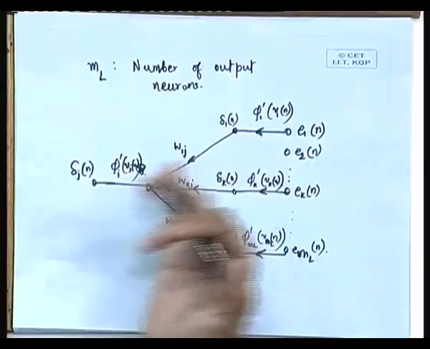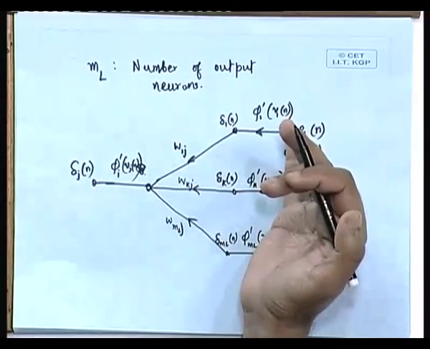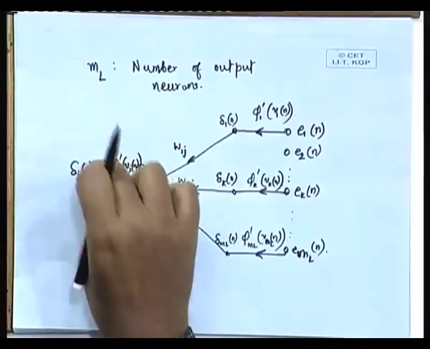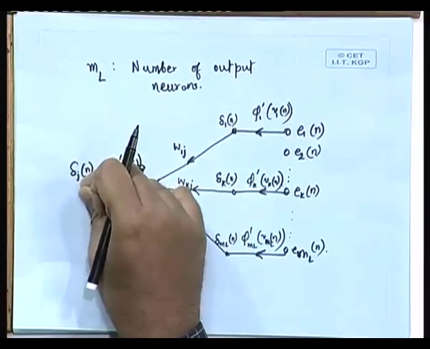And this time J is just directly connected to the output. But what happens if J is sandwiched between another hidden layer? I mean, supposing in general J is sandwiched between two hidden layers, then also there is no problem, because once we know this delta Jn, okay, it is possible for us to propagate this delta Jn backwards also, right.